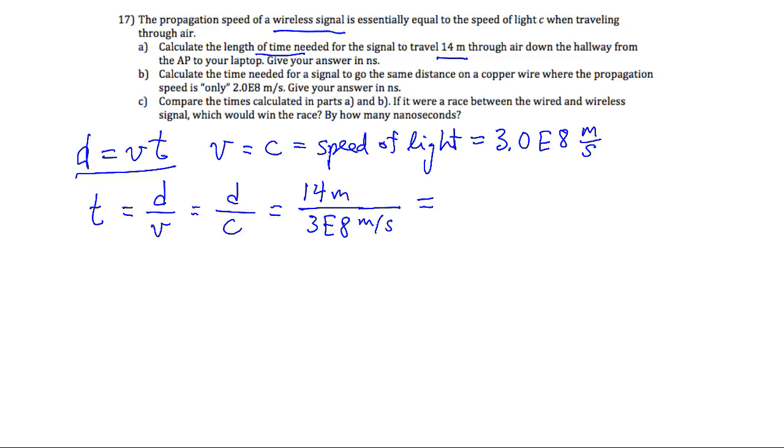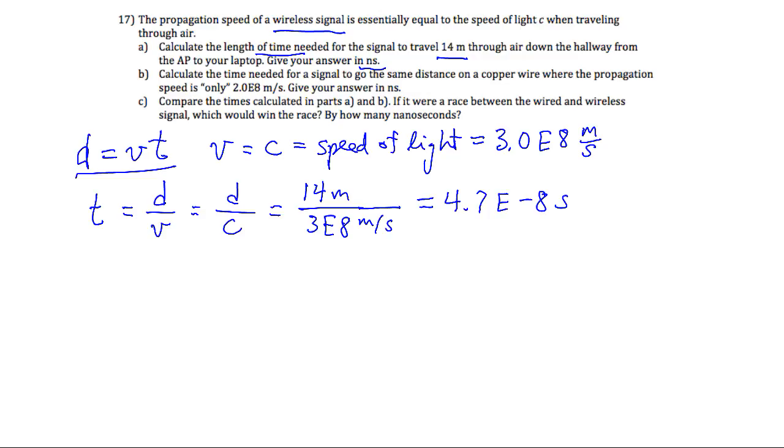Let's see, can I put it in engineering notation? Okay, I get 4.7 times 10 to the minus 8 seconds. But this says to put the answer into nanoseconds, and a nanosecond is 10 to the minus 9th seconds.